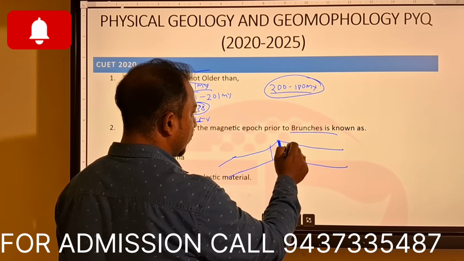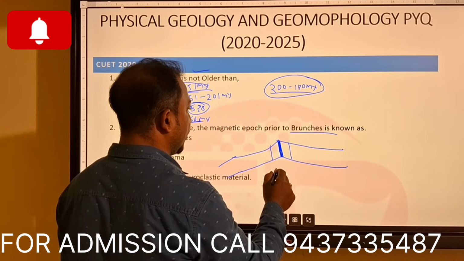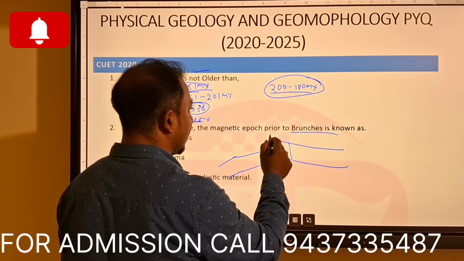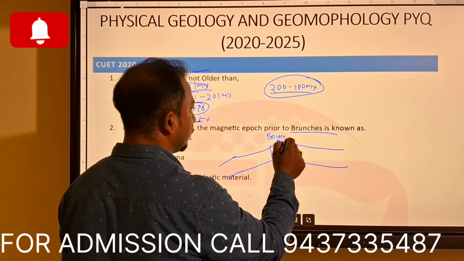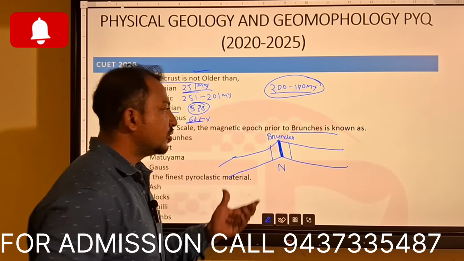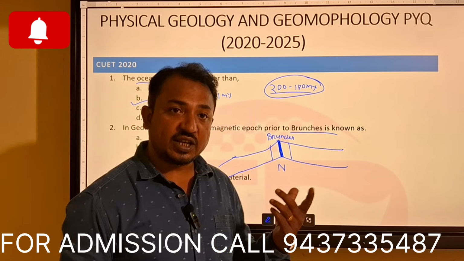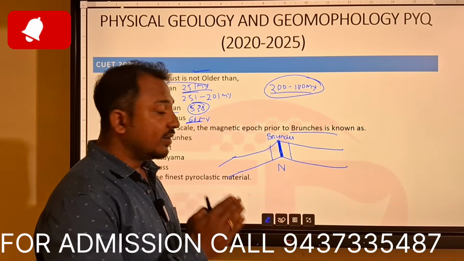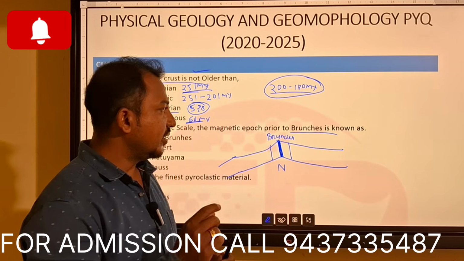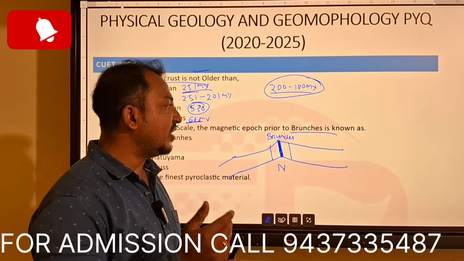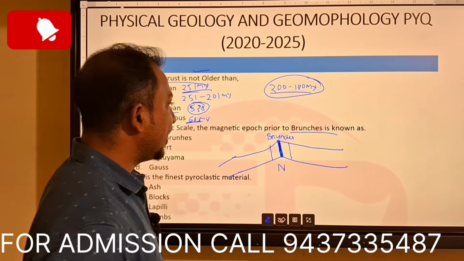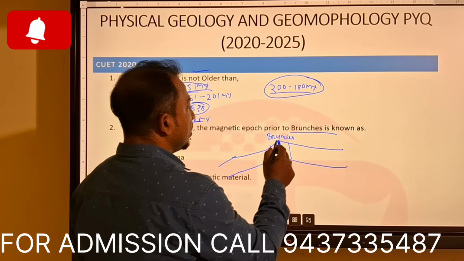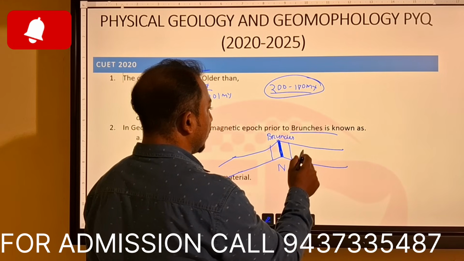In the present time, we have a normal polarity, and that is called the Brunhes epoch. You will find this evidence in mid-oceanic ridges, where strips of magnetic evidence are preserved on both sides of the mid-oceanic ridge symmetrically. This is our present day, where we get Brunhes.